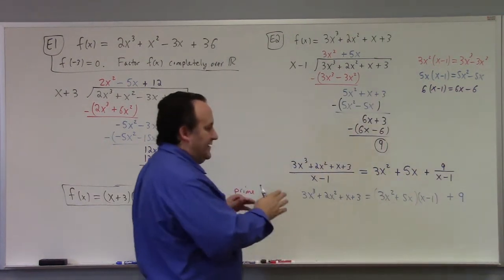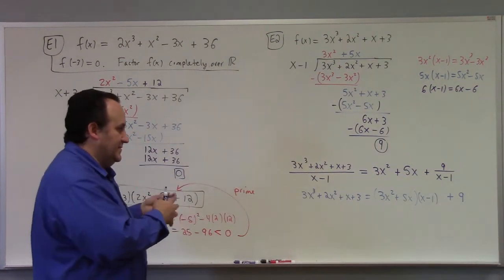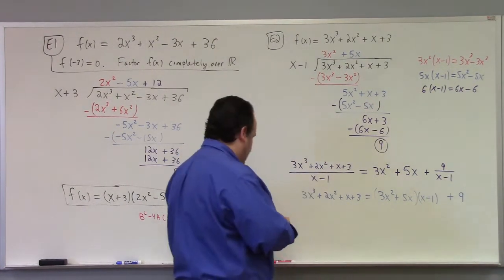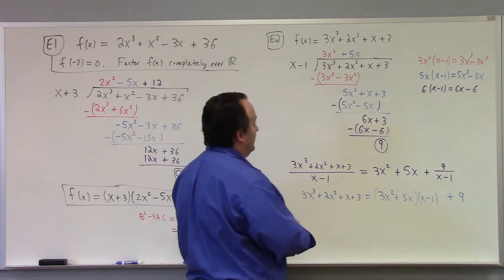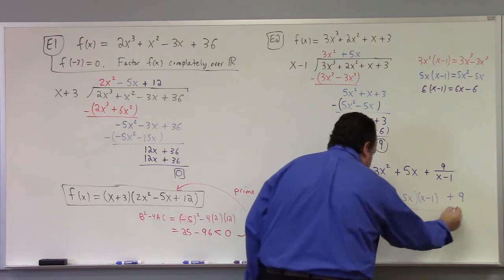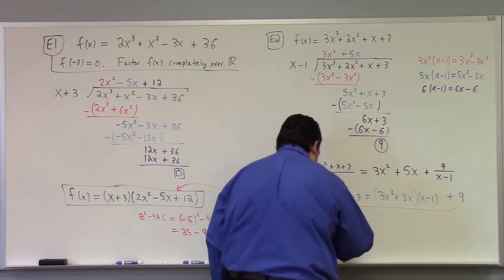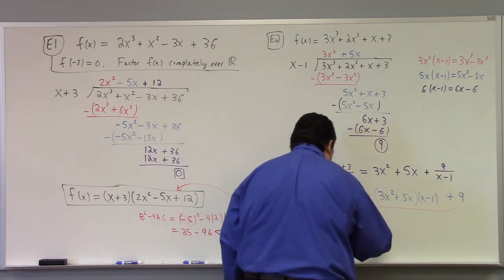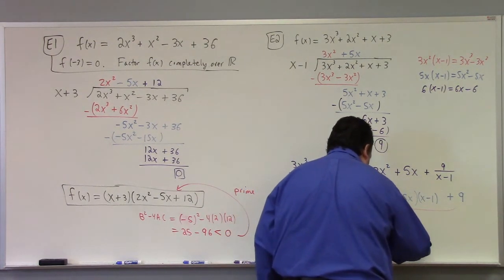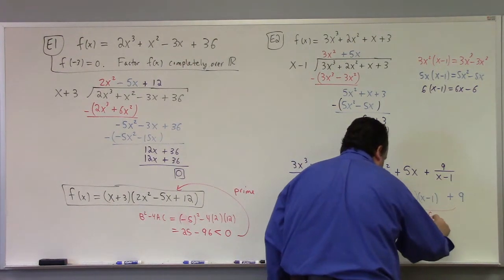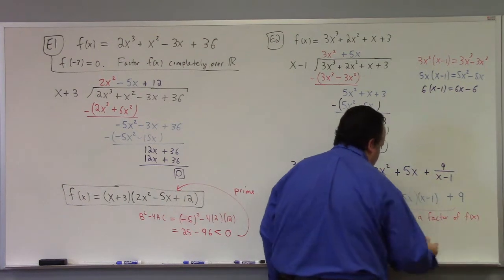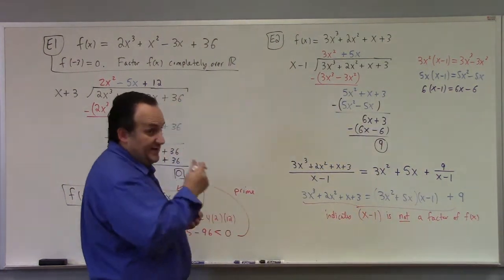So the fact that you have to write a 9 there basically means we could not factor x minus 1 out of this polynomial. So this indicates that x minus 1 is not a factor of f of x.